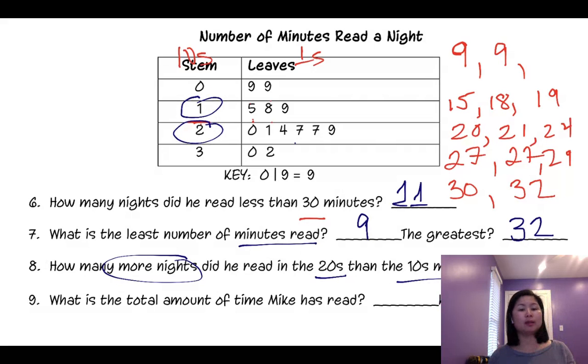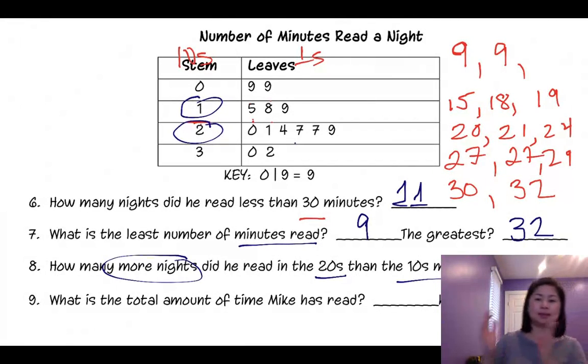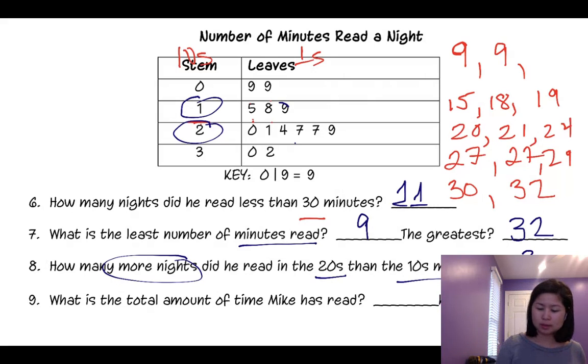We compare them and see how many more, so I have to subtract. For the 20s, I have 6 of those. For the 10s, I have only 3. So I have to subtract, and the correct answer is 3. So be careful for those who answered 6. 6 is for the 20s, but we asked how many more. So take away 3, because these 3 match, but I have 3 more. Okay.